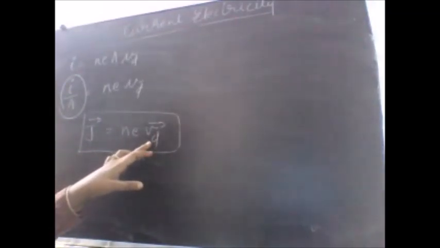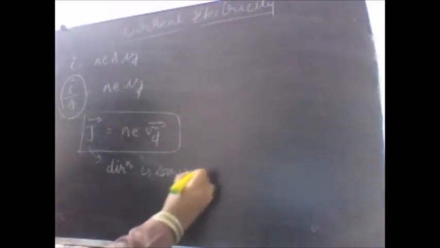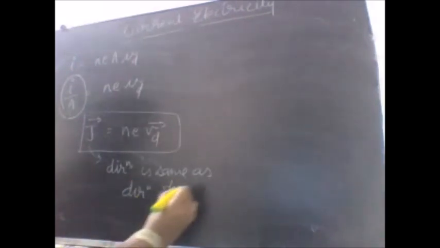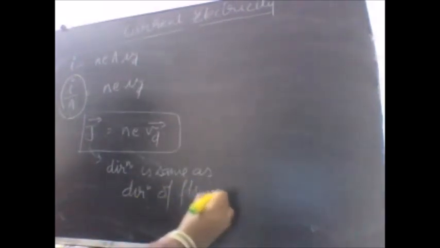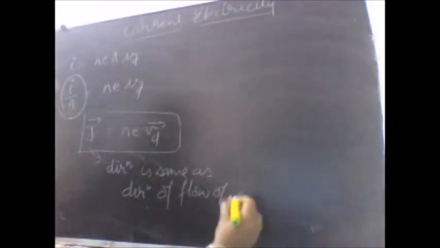J is equal to nevd. Current density, vector quantity. Then what is the direction? Please note it down. The direction of current density is same as direction of flow of charge.